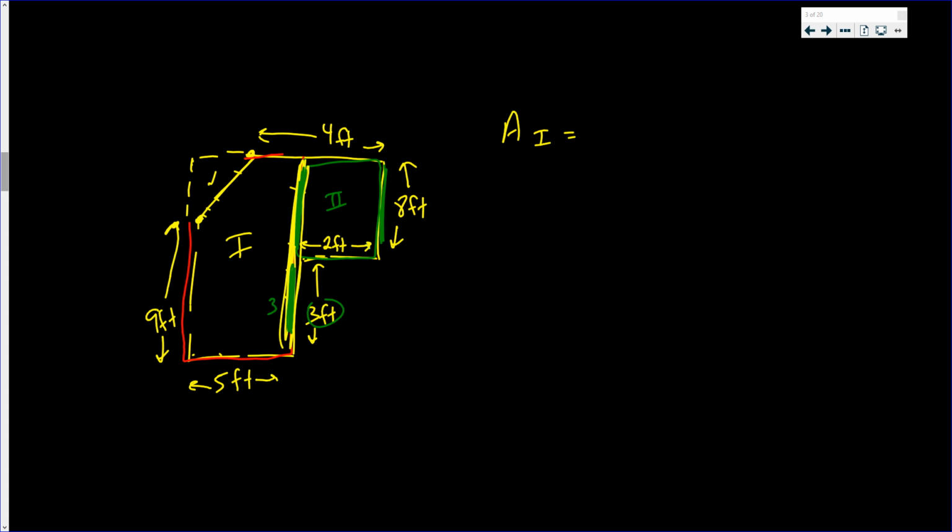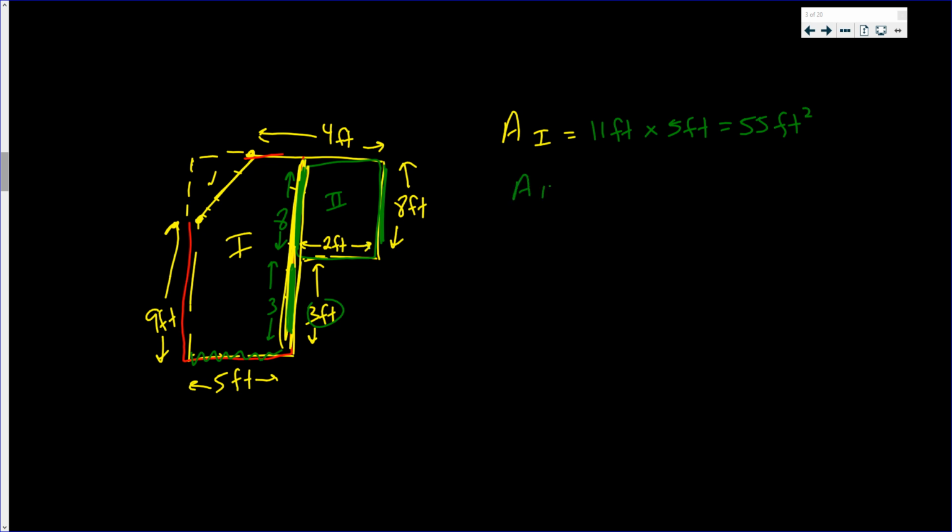So it's 3 plus 8. 3 goes up to here, 8 is the rest. So that's 11 feet, by 5 feet. 11 times 5 is 55. Foot times foot is square foot.